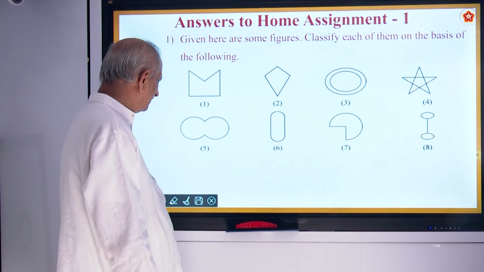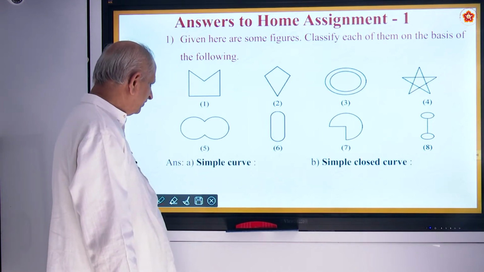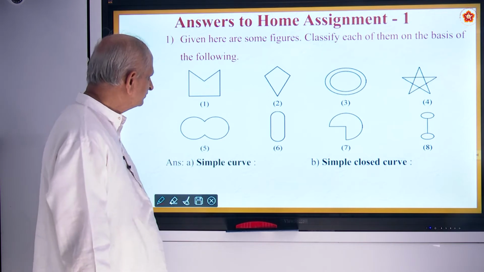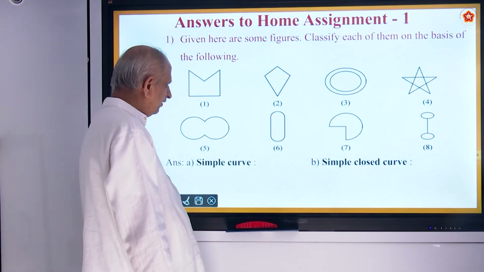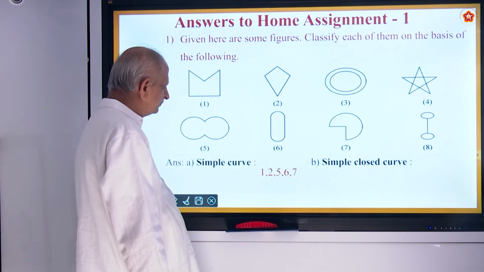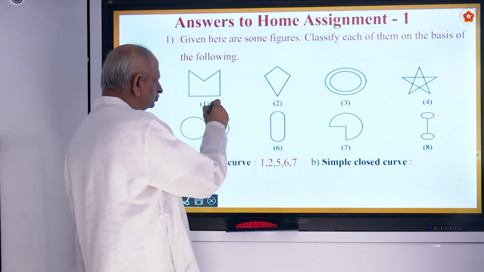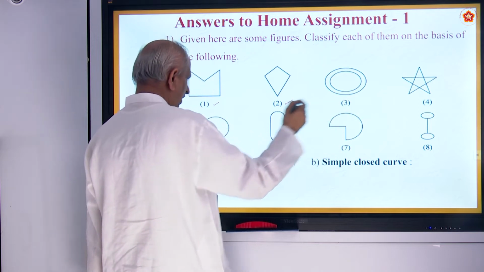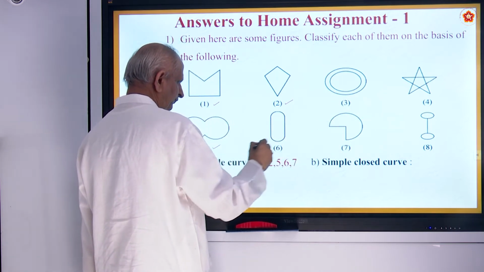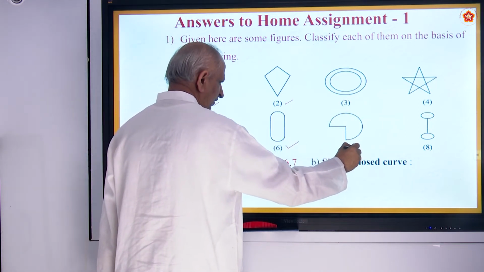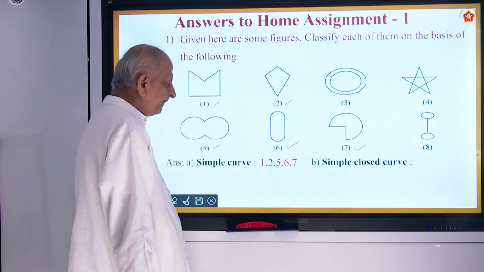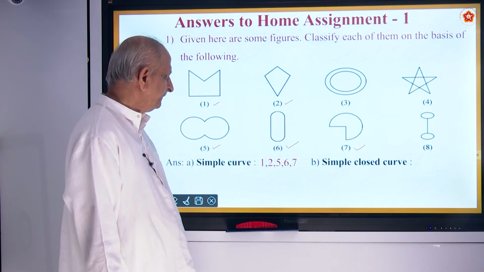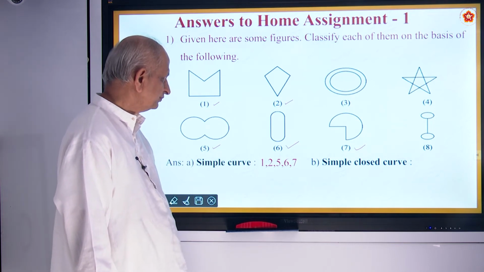Now the first question is simple curves. Can you think of simple curves? You have 1, 2, then you have 5, 6, 7. These are called simple curves, and also simple closed curves.